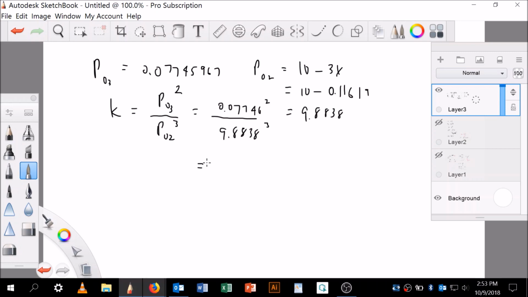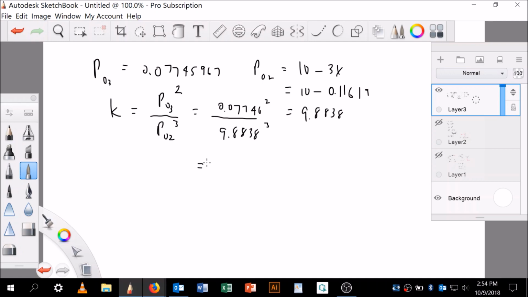Just a minute here, calculator's not working nicely. 0.07745967 squared, divided by, just a minute here, I'm not using my favorite calculator, so I'm going a little bit slow. 0.07745967 squared divided by 9.8838 cubed equals, and it is, wow, love it.